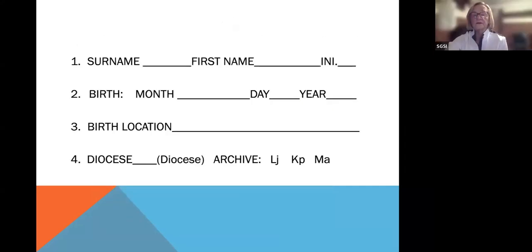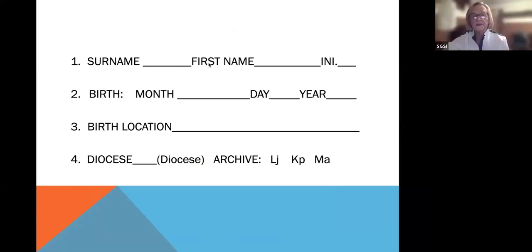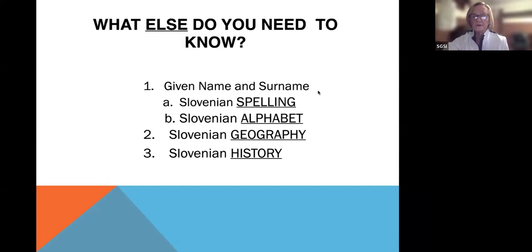Okay. In order to get into the Matricula database, you must have the surname, and then the first name. Very seldom will you have a middle initial, but just in case, you can use that also. You need the birth date, which would be the month, the day, and the year of the person.